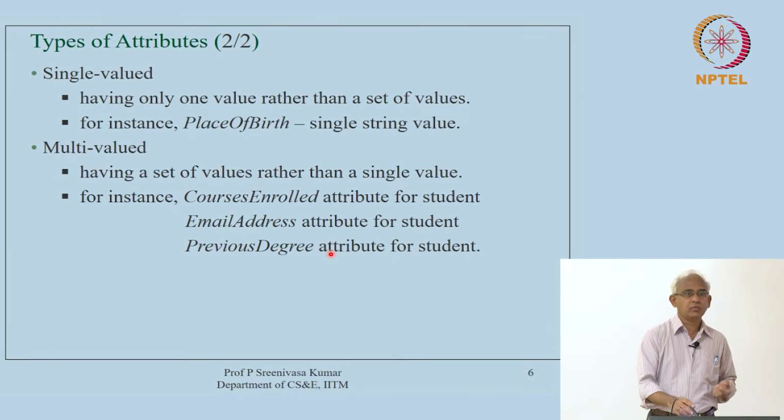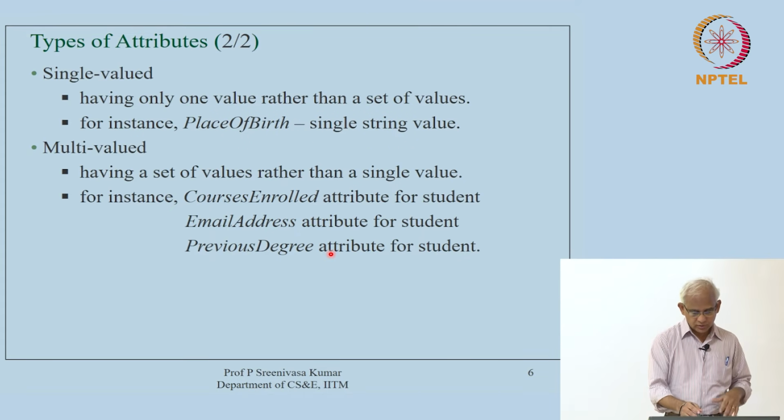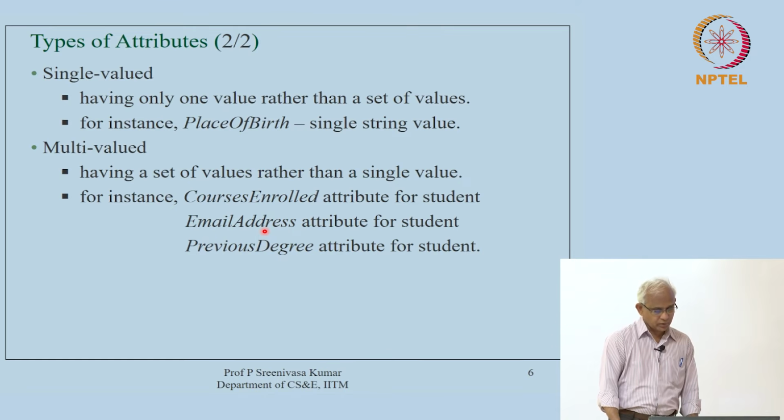A student might have multiple degrees earned before being enrolled into one particular degree. The courses enrolled attribute for a student is typically multivalued, because each student typically enrolls for multiple courses in a particular semester. So, certain attributes are multivalued, whereas certain attributes are single valued.